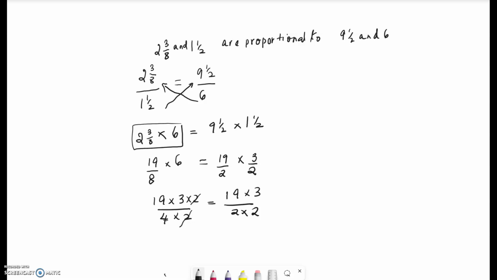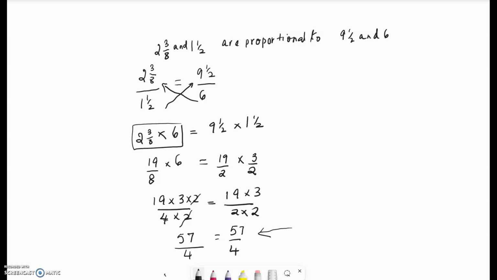So nothing else works. So 19 times 3, 9 3s are 27, so that's 57 divided by 4, and the same number, 19 times 3 is 57 over 4.